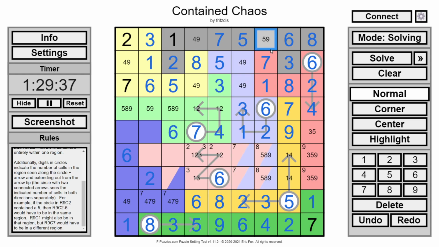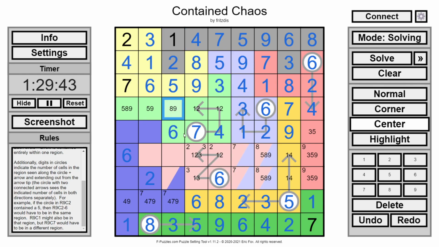So this is a 5, this is a 9, this is a 4, 9, 4, 9, 4. This can't be a 5. That doesn't matter. Okay, that's fine. This is a 3, 5, 8 in the row. This can't be an 8, so this is an 8, and it can't be a 3. So it's a 5.